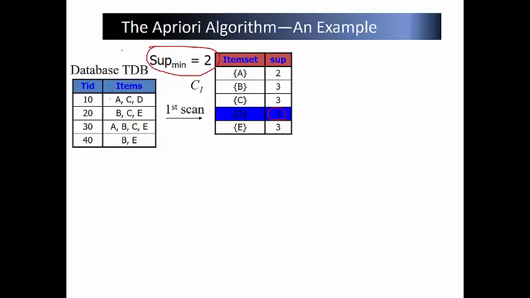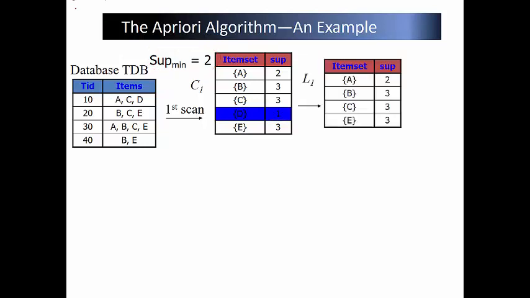Which means I do not want any pattern that occurs less frequently. I want patterns that occur more frequently. So let's reject these according to that threshold.